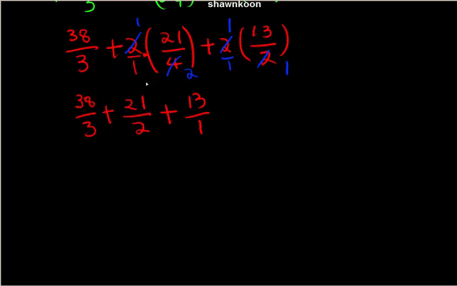Okay, so can we add these three now? No, right? Because we have to have the LCD, least common denominator, to add the fractions. Do you remember this from way before that we went over? So we take the denominators, write them down like this, draw an L bar here, and pick a number that can be divided into these numbers.